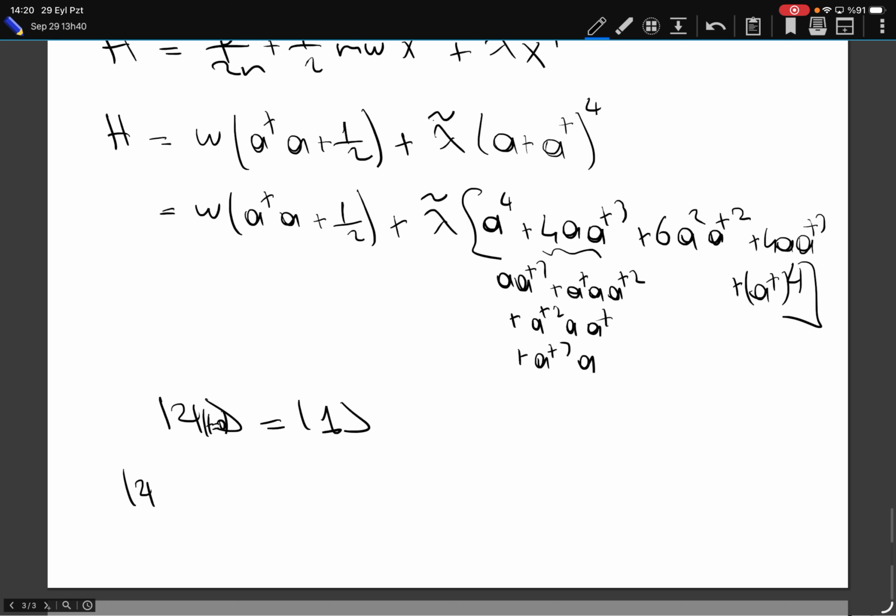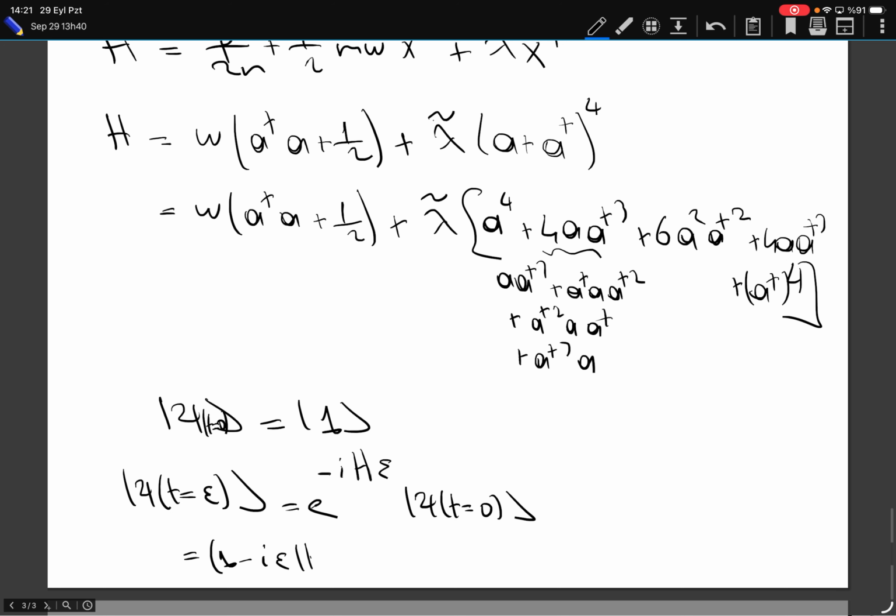What will be my state at the time t is equal to, let's say, epsilon? I created my system. I just wait for a very short amount of time. Well, the Hamiltonian determines the time evolution through this relation. Well, t is epsilon. It's a very short amount of time. So this will be approximately 1 minus i epsilon H.